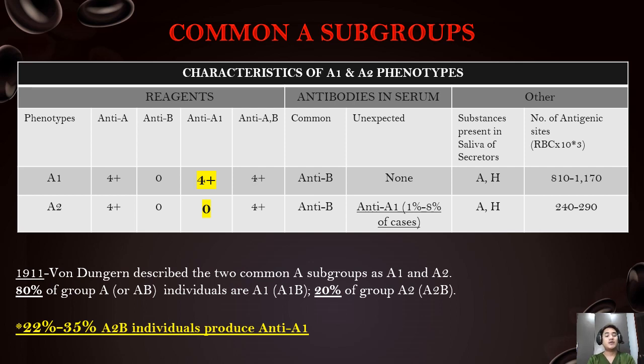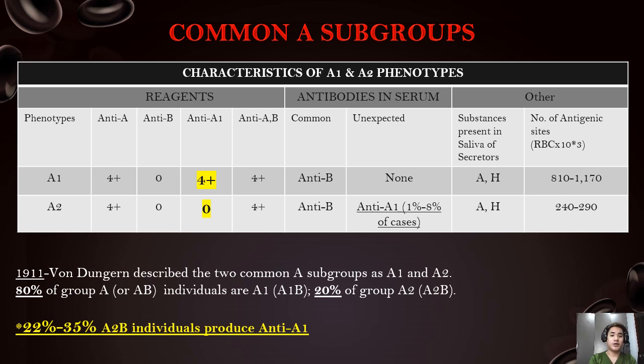This now accounts for the very rare case, a 1% to 8% probability of occurrence, in A2 individuals. So, okay, given the data, approximately 80% of group A or AB individuals are A1 or A1B, while the remaining 20% account for those who are group A2 or A2B.